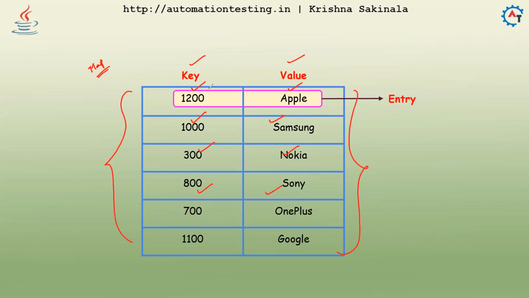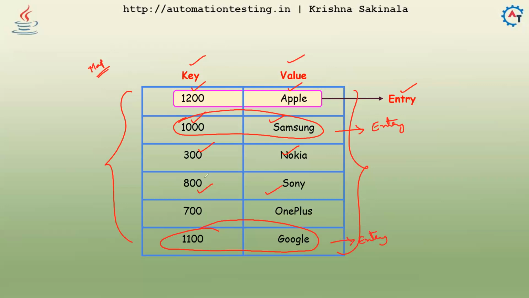One key value pair, which I marked here with the pink color, is called an entry, and this is another entry. Another 3, 4, 5, 6. In this map, I have 6 entries.